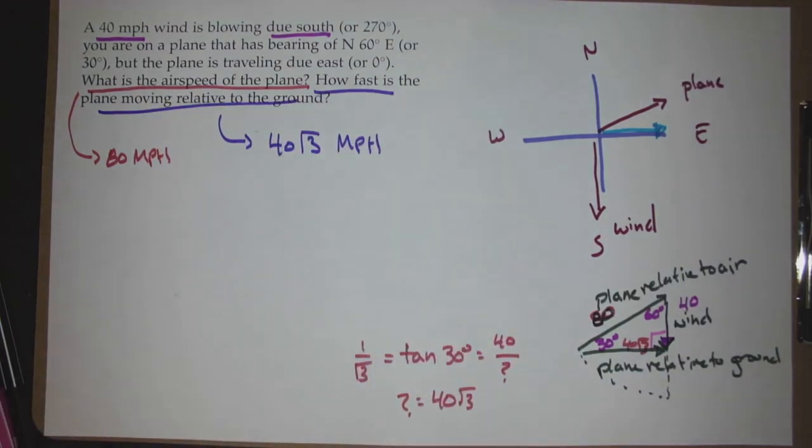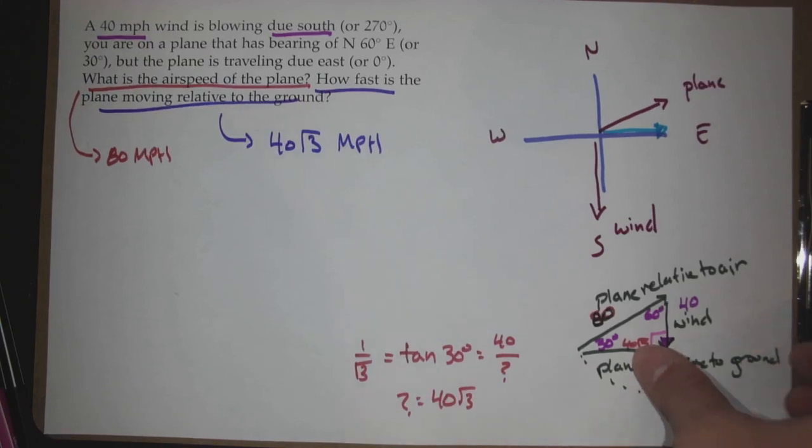So even though it's moving through the air at 80 miles per hour, 40 times the square root of 3 is less than 70, I think. Yeah, maybe it's near 70. So it's moving slower than you would expect it to. That's why you don't like to fly into a headwind. It slows you down.